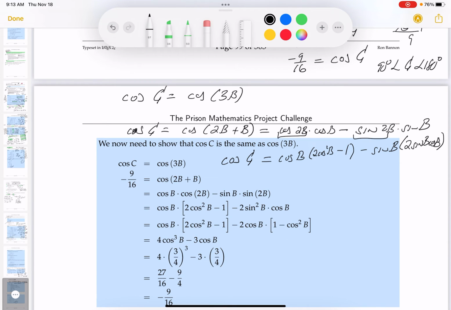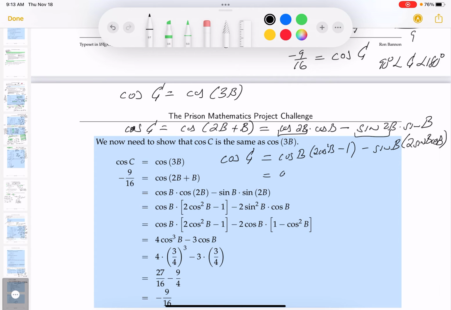All right. Let's take a look at this. Cosine b times 2 cosine squared b minus 1, minus 2 sine squared b cosine b. Well, I'm going to factor it, and I think I'm seeing something.